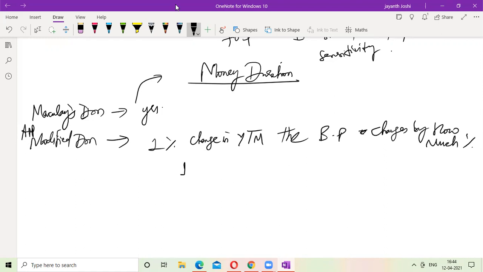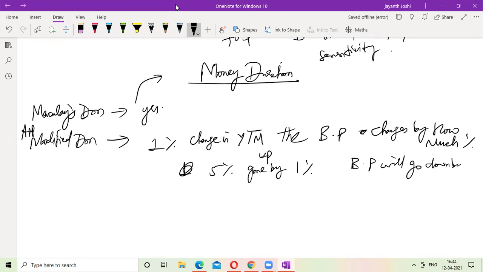That means, if 5% was what the company offered and interest rates have gone up by 1%, the bond price will go down by dash percentage. That's what we have discussed in modified duration.